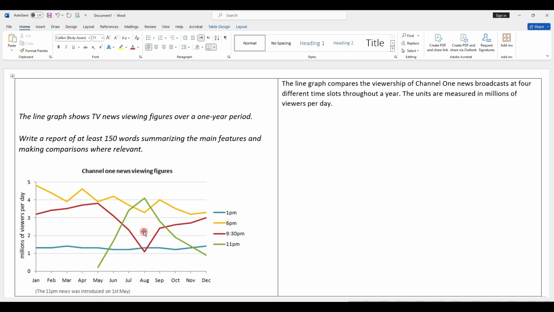This overview is the most important section of the report. Even if you write a perfect introduction and body paragraphs, without a clear overview, your task achievement won't get higher than a 5. Usually, 2 or 3 sentences will do the job. Do not include any details. It's a brief summary of the chart or diagram. Here it is.